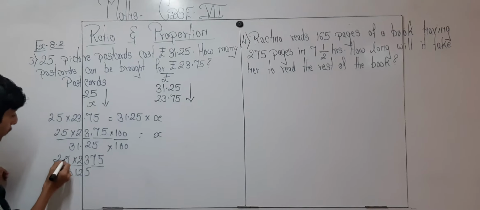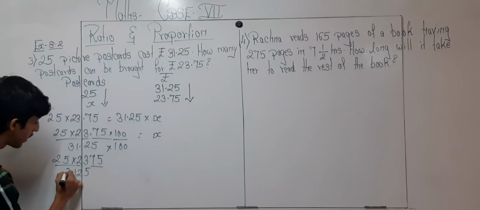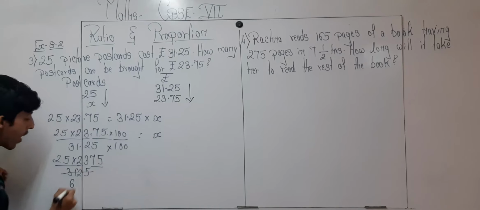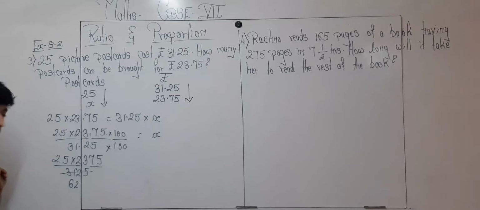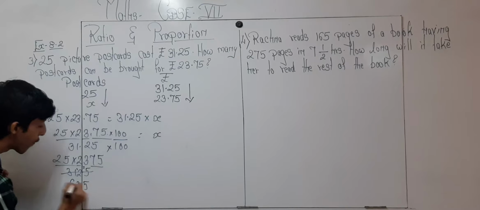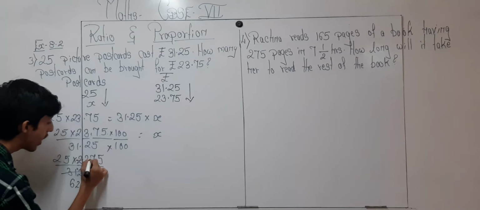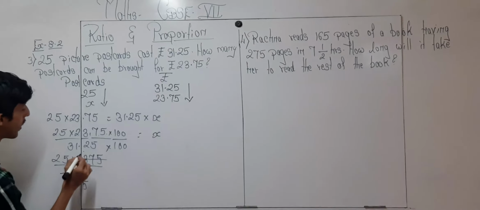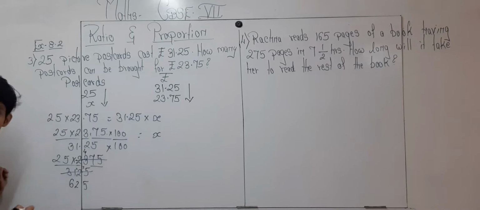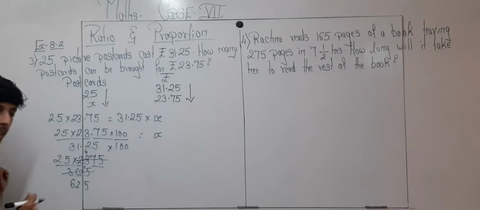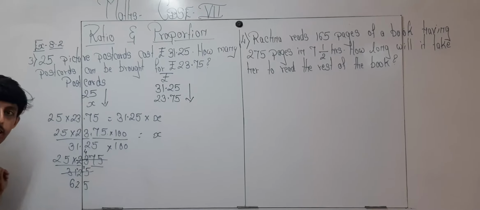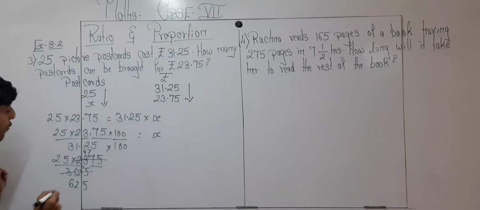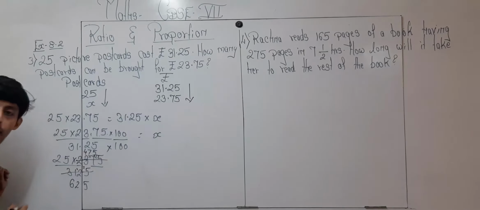Over here I will cut: 5 6 are 30, 5 2 are 10, and 5 5 are 25. Now again, 5 4 are 20, 5 4 are 20, 3 remains, and over here 37: 5 7 are 35, and 5 5 are 25.